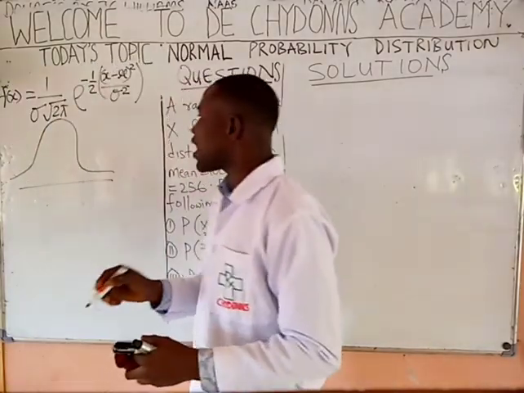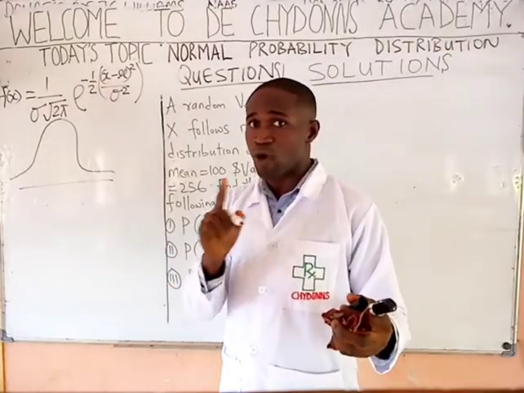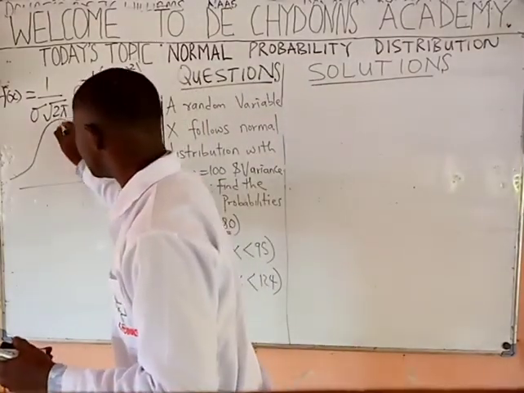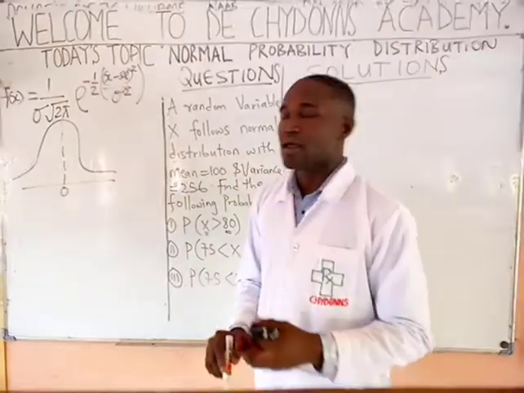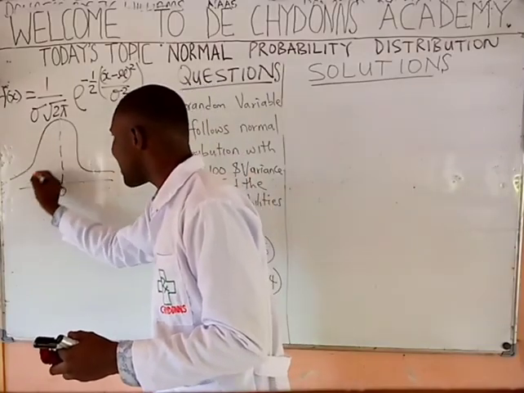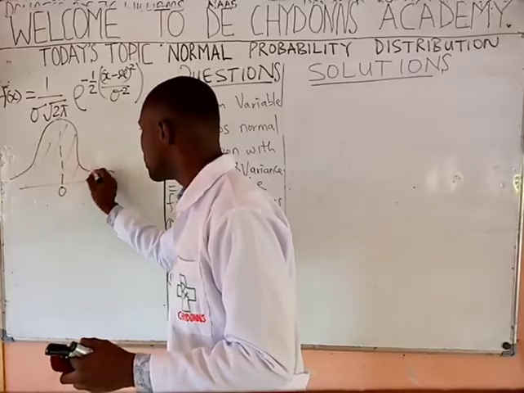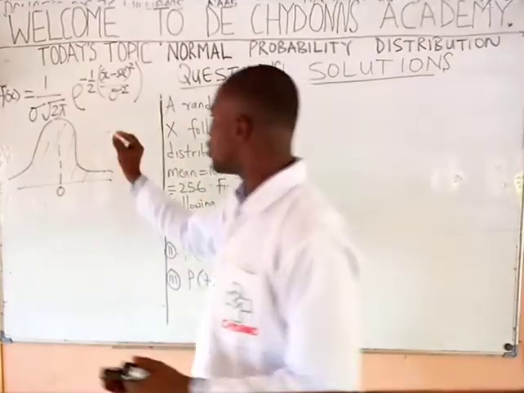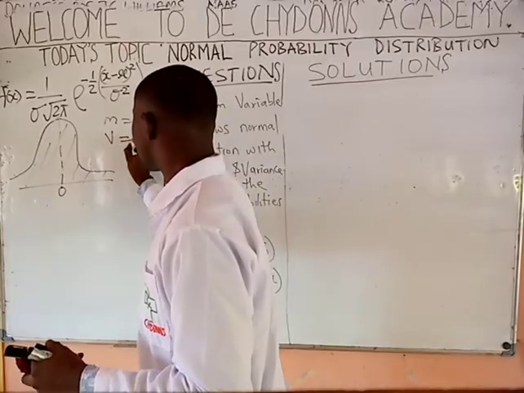This standard normal curve has many properties, but one of them is that the mean is 0 and it is located at the center. Also, the total variance, which is the total area under this curve, is said to be 1. So mean equals 0, variance equals 1.